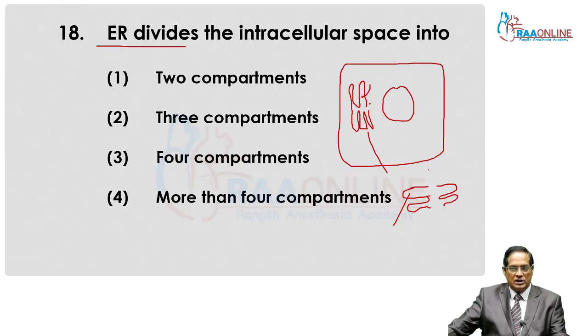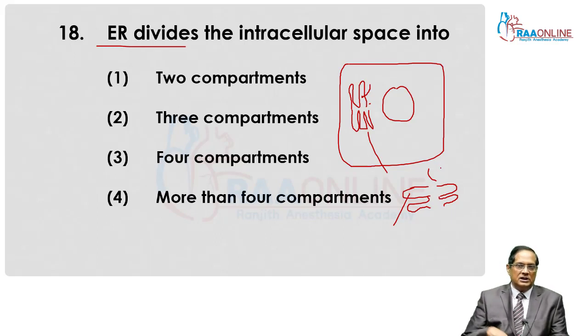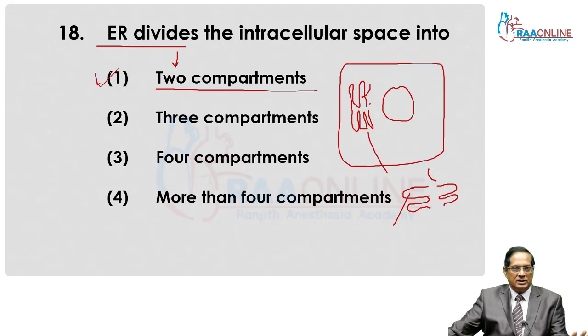So the space present outside the ER is extraluminal and within the ER is intraluminal. That's why it divides the intercellular space into two parts, that is luminal space and extraluminal space. So the answer is the first one.